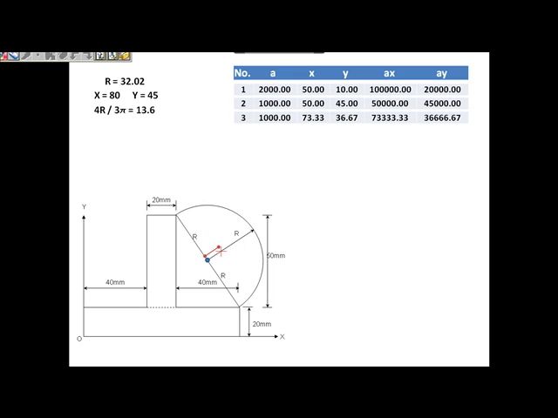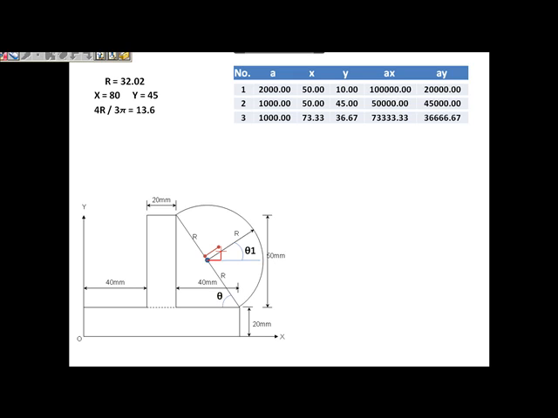Now, the red cross is the location of the centroid of the semicircle, whose x and y coordinates we need to work out. So we complete this triangle and try to find out what this theta 1 is.